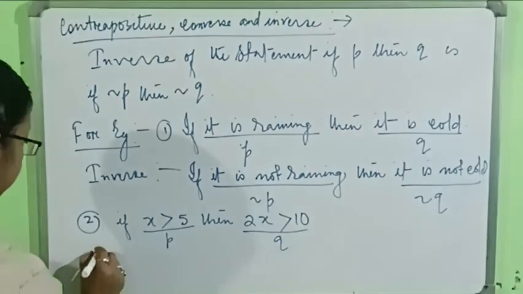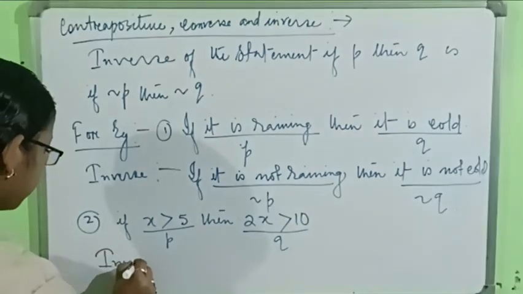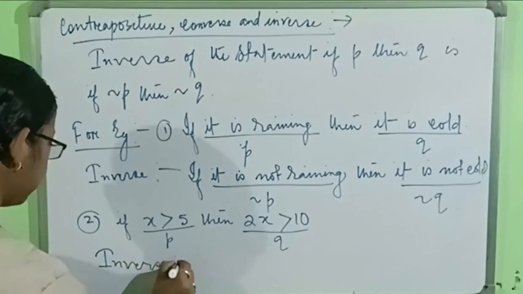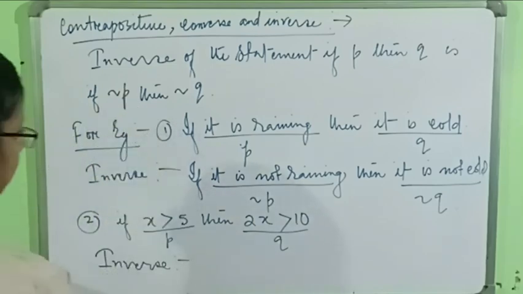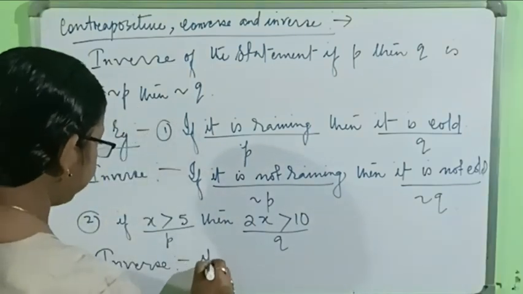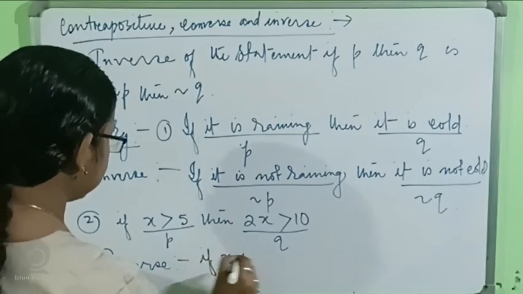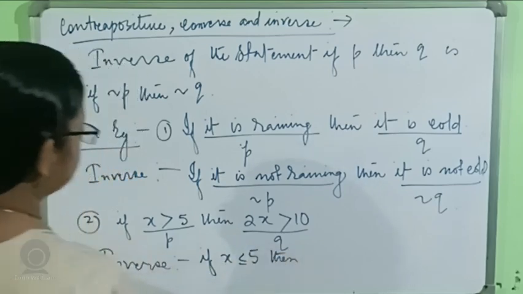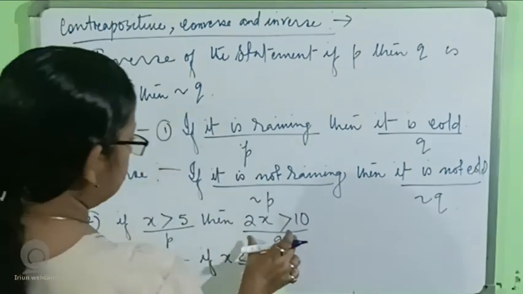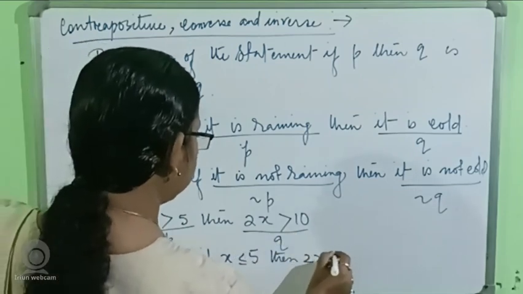This is my statement P and this is statement Q. So the inverse, as per the rule, is: negation of P, which is x less than or equal to 5, then negation Q, which will be 2x less than or equal to 10.